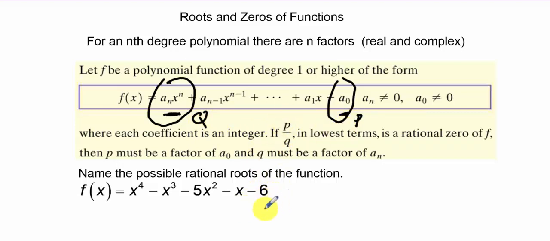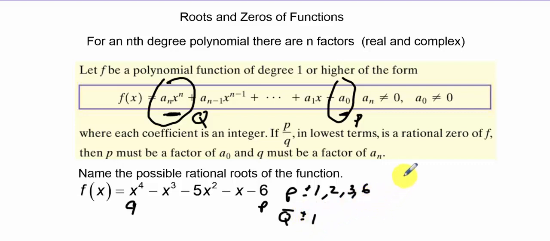So if I look at this, here's my p value, 6, and my q value of 1. And if I wanted to find all possible p over q values, my p values are 1, 2, 3, and 6, and those could be positive or negative, and my q values are plus and minus 1.